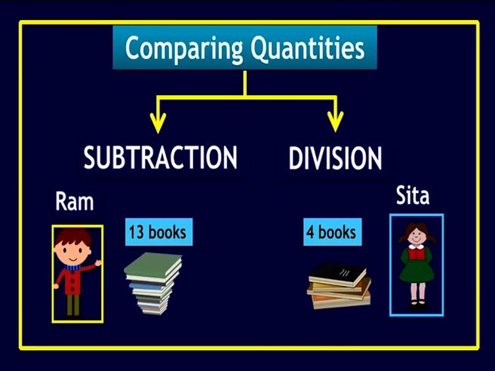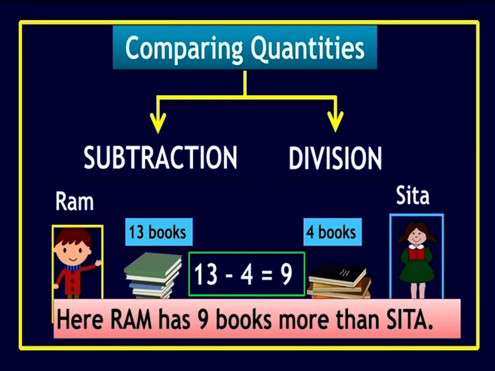What is the difference in their number of books? That is 13 minus 4 equals 9, which means Ram has 9 books more than Sita, isn't it? This is how we compare two quantities by subtraction.